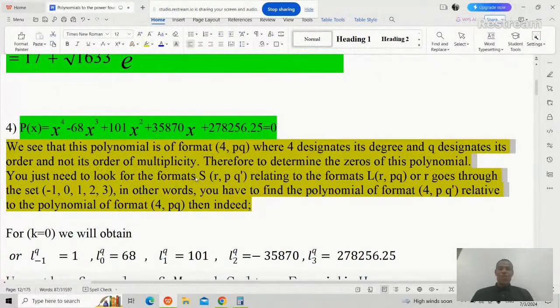Therefore, learners, I'm going to say that r belongs to the set of numbers minus 1, 0, 1 in order to find the values of S_r of P_q dash. This S_r of P_q dash will give you the new polynomial to the power 4.